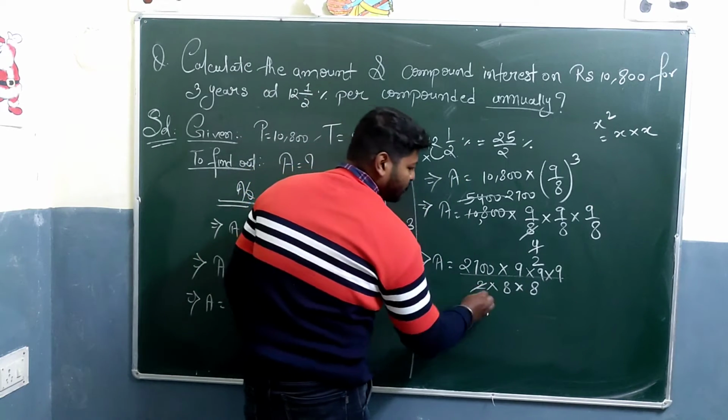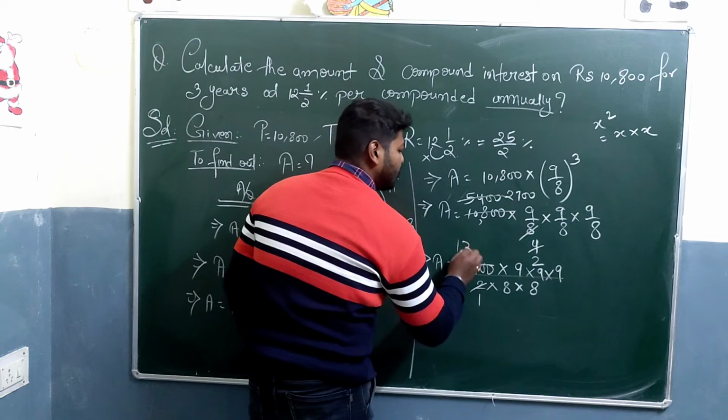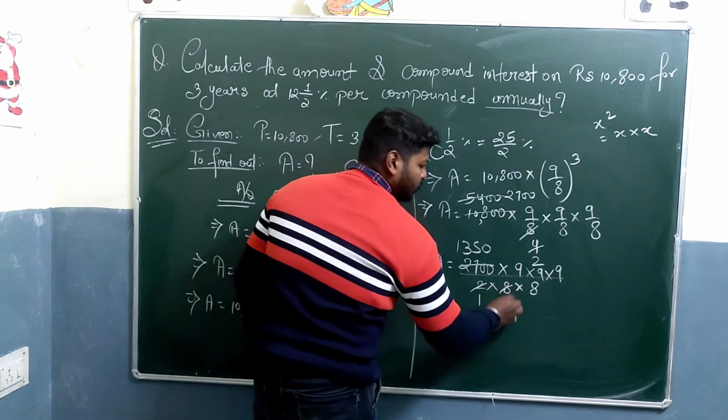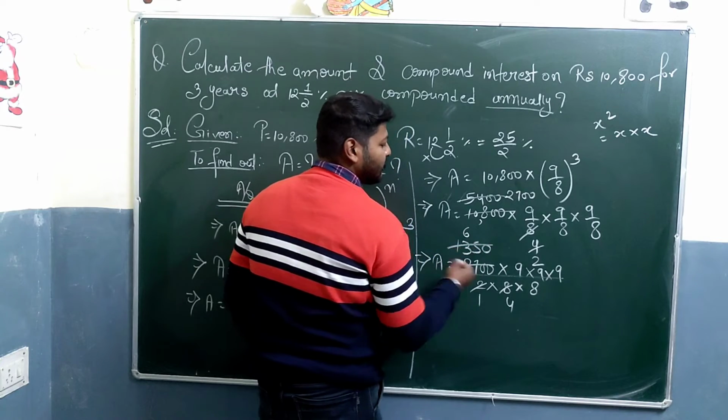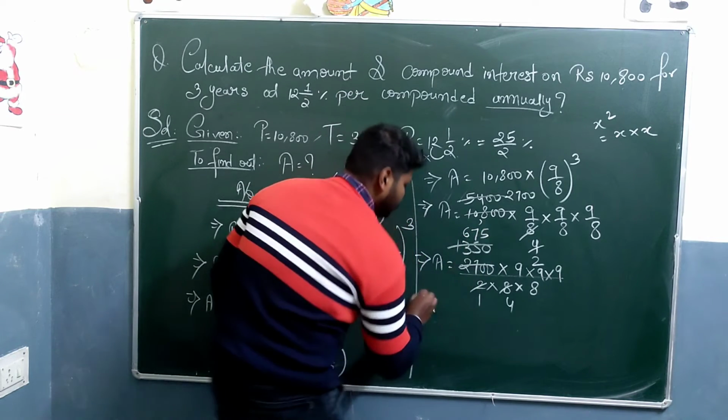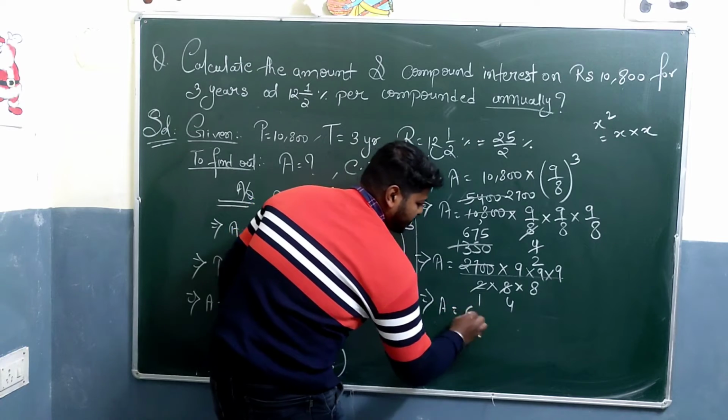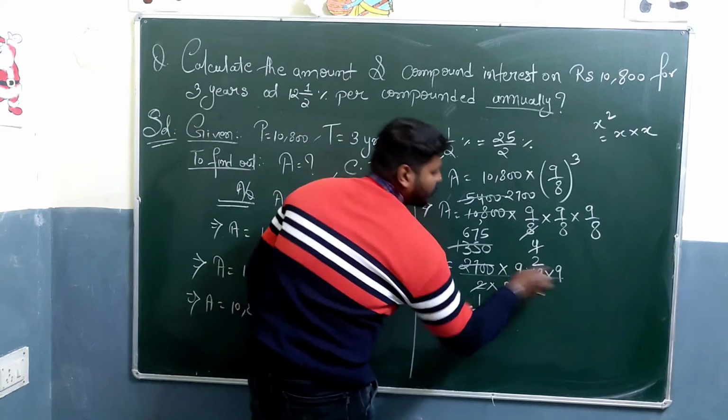Again we cut, and we get amount is equal to 675 into 9 cube.